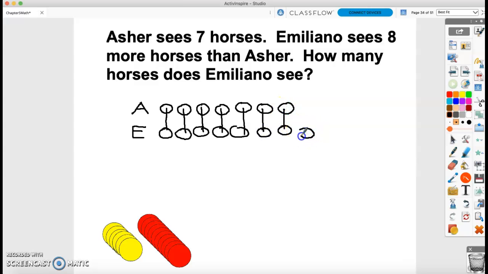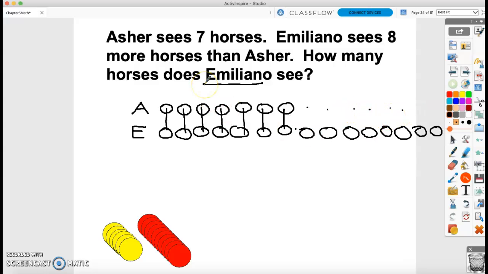He sees 1, 2, 3, 4, 5, 6, 7, 8 more. So it's asking, how many horses does Emiliano see? So he sees the 7 that Asher sees, and he sees 8 more horses. So see these 8 right here? We don't have matches for them because those are the ones that he sees more.